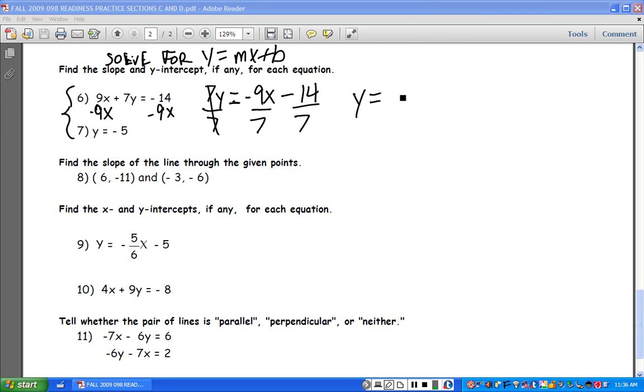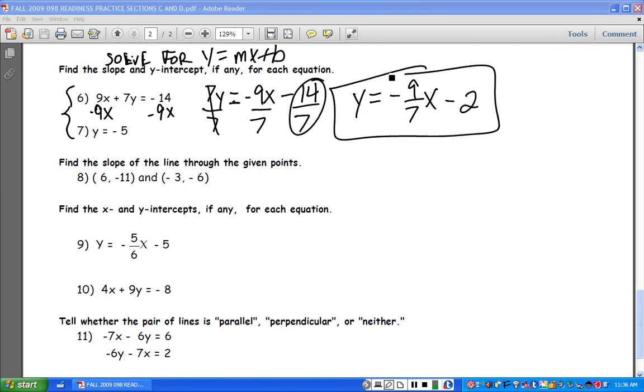Y equals -9 over 7 x minus 2. Minus 2 because 14 divided by 7 is 2. So that's where this -2 comes from. Now we have our form, and they ask for our slope. So our slope is our m. So this would be our slope.